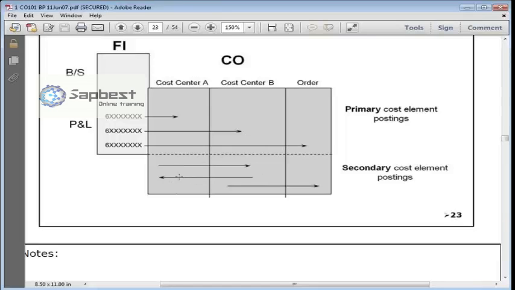Typically anything that starts with a 9, the last number in the GL account, those are called secondary. You mark them as secondary cost element accounts, and they have no bearing. So you exclude them in your FI accounts. Any secondary accounts.